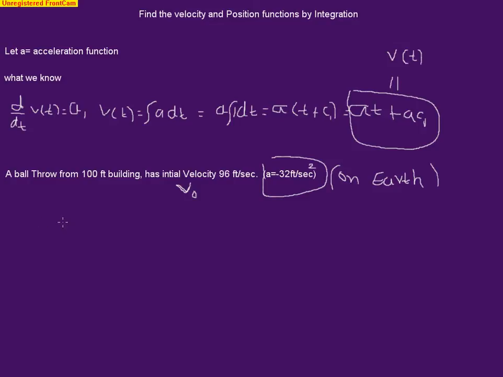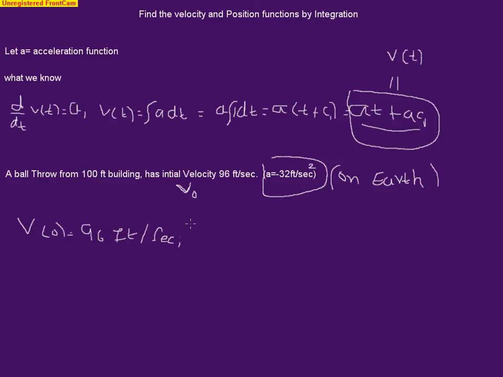We know that the initial velocity is 96 feet per second. What that basically means is that this is the velocity when time is equal to 0. So the initial velocity v0 is equal to 96 feet per second. And we know that v(t) is equal to at plus a c1.